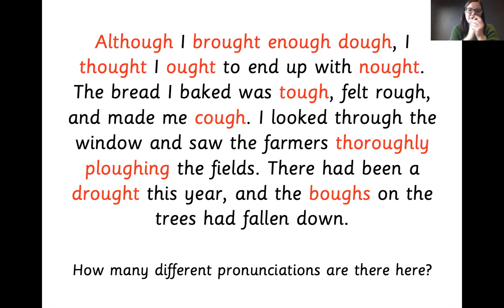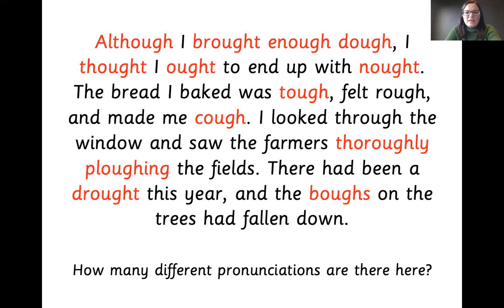And as you can see on my screen, I've put up a bit of a paragraph for us to read through, and I've highlighted all the O-U-G-H words in red. But if we read through this together, we can see how many different ways there are to pronounce the O-U-G-H sound. So let's read it together.